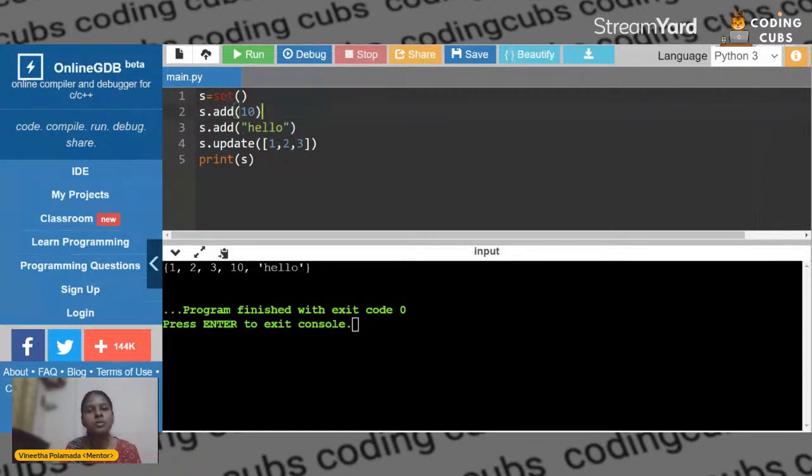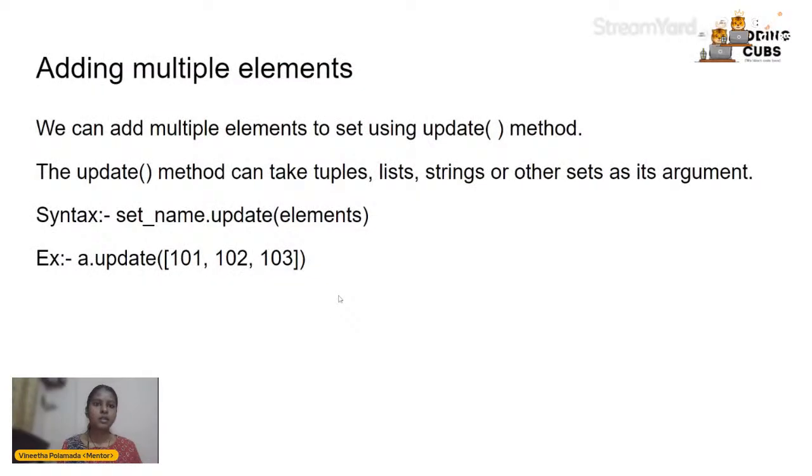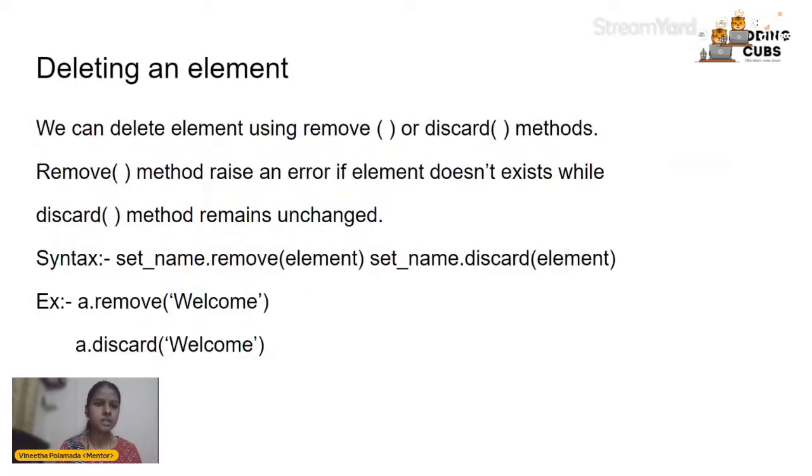Add you will use when you have to add individual elements like a string or a number or a float to your set. If you want to add a list or a tuple or a set of numbers to your existing set, you have to use your update method. So that was about adding one element or multiple elements.